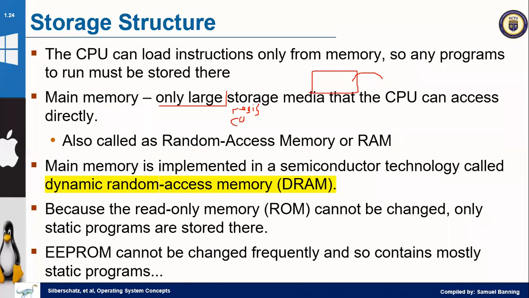The cache is also a storage media that the CPU can access. But the largest of all is the main memory, that is the RAM, the random access memory. Main memory is implemented in a semiconductor technology called the dynamic random access memory, that is the DRAM.